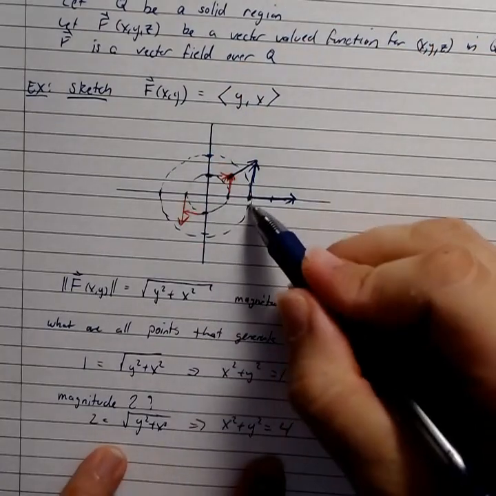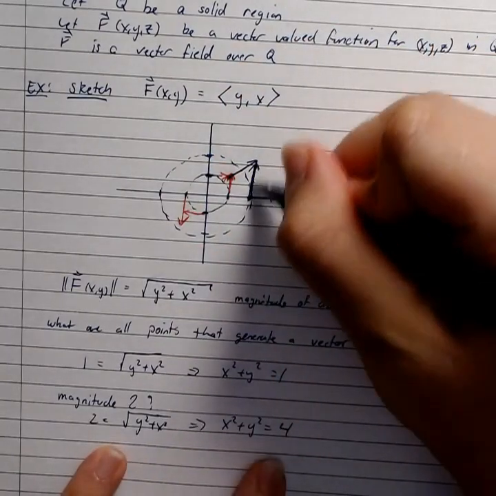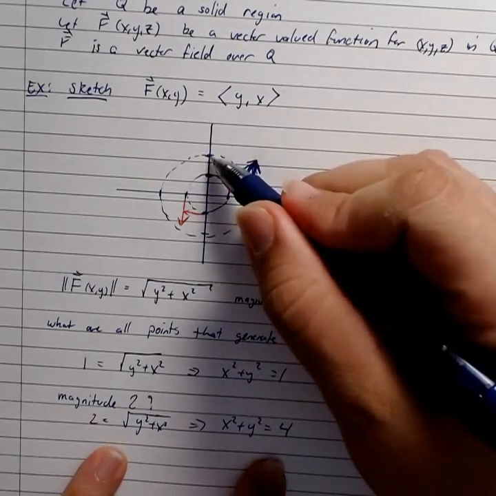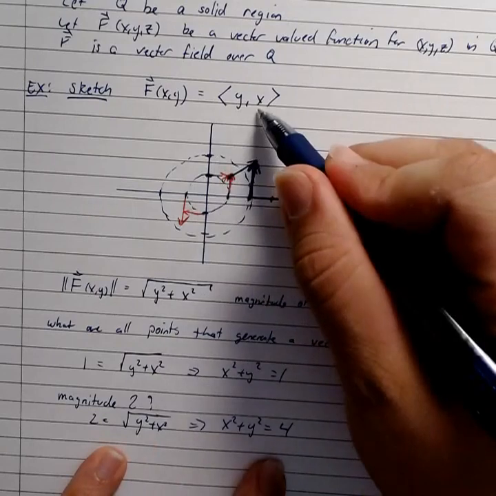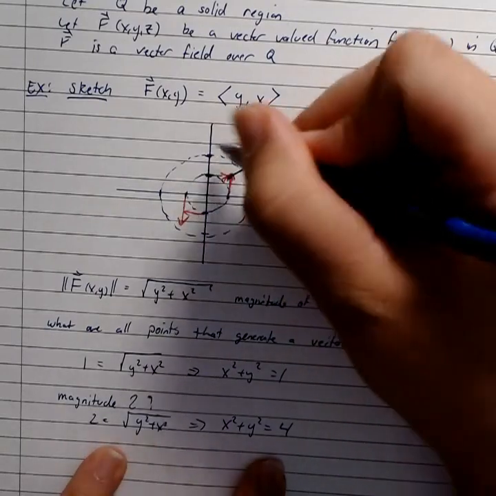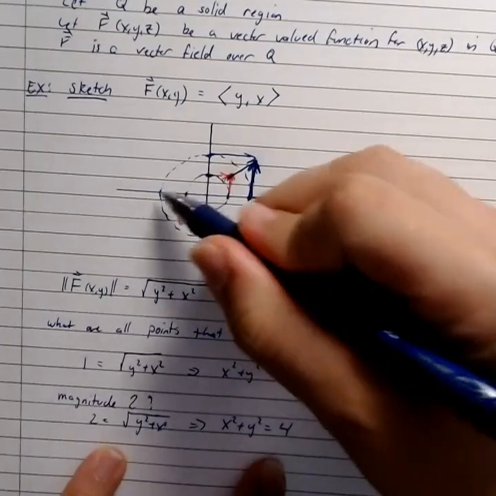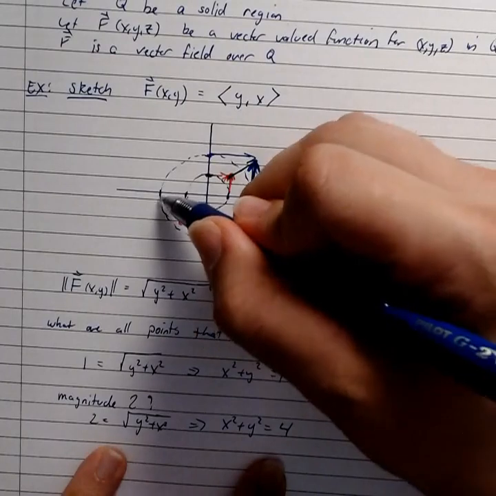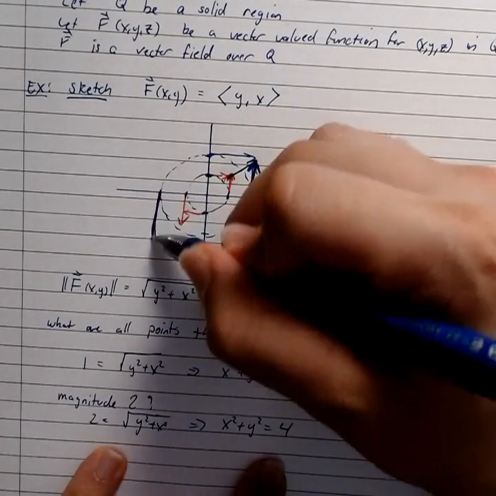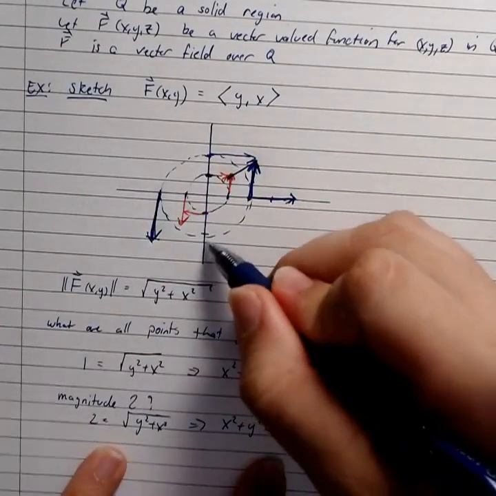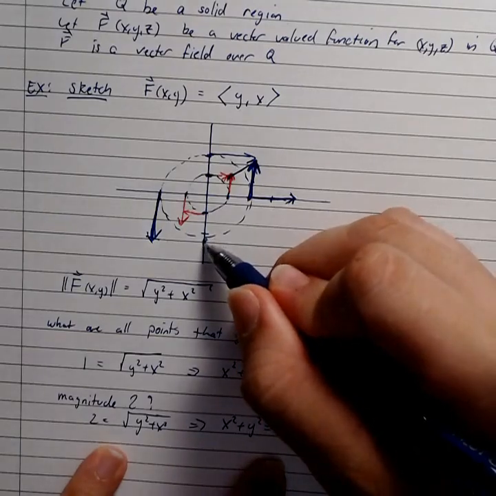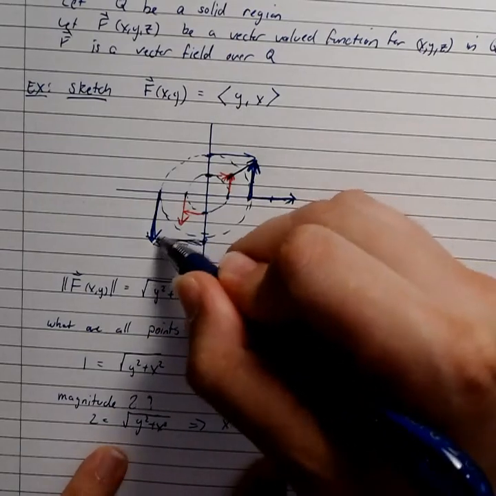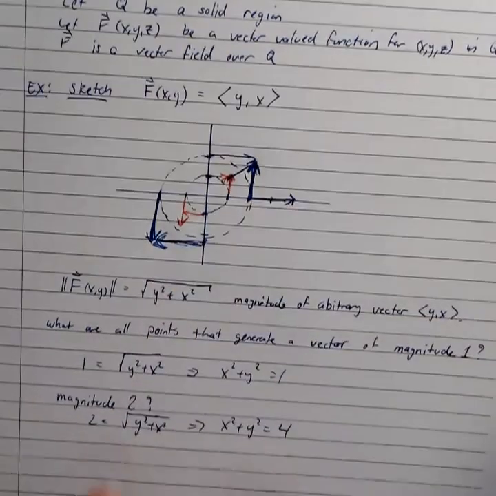So here, if this is the point, well, actually we already have this one, so that would be this one. And then here, if this is the point 0, 2, that would lead to the vector 2, 0, which would be something like this. This negative 2, 0 would lead to the vector 0, negative 2, this one coming down this way. And this point 0, negative 2 would lead to the vector negative 2, 0, namely this vector going this way. Just like that.